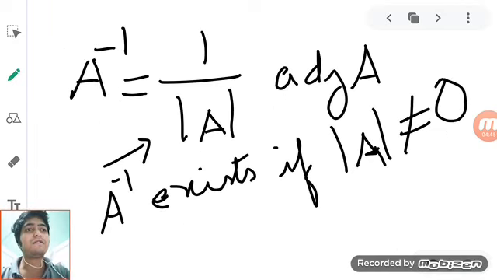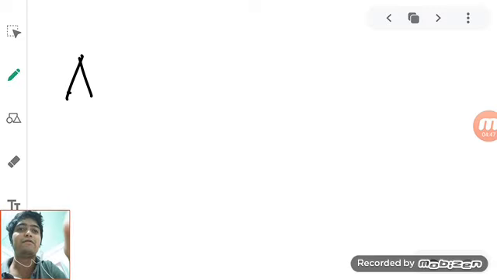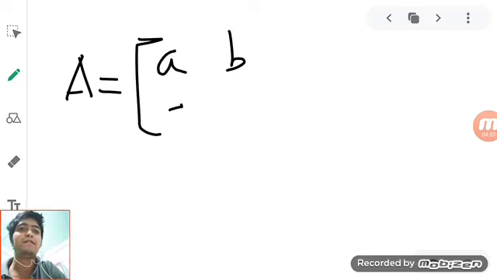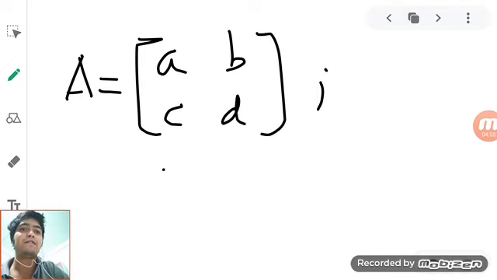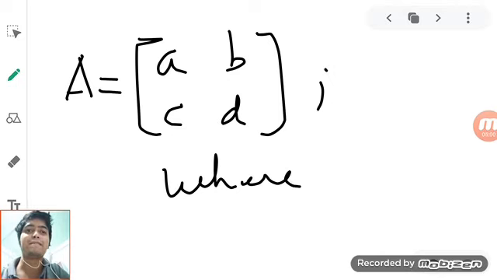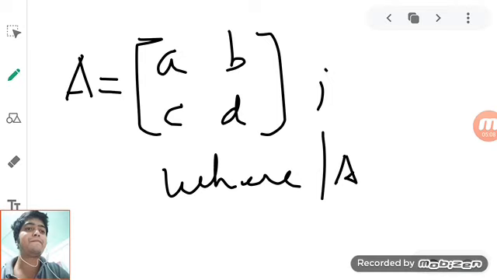So how does A look? A can take this form: A, B, C, D. Any element of the set GL2R will take this form, A equal to the matrix with entries a, b, c, d, where determinant A is not equal to 0.